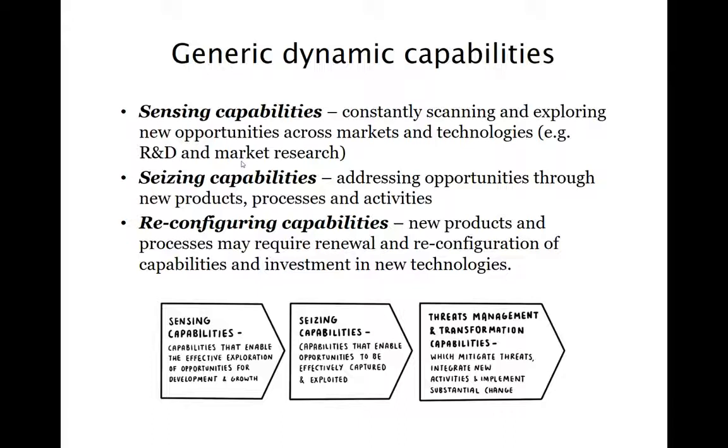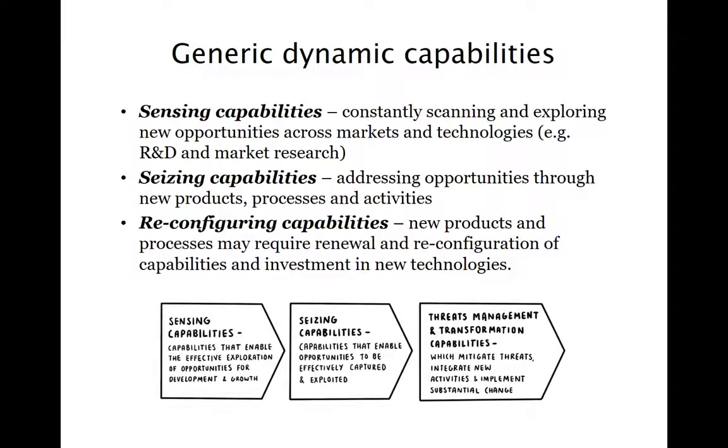And recent studies, Teece 2009, 2007, use this type of division of dimensions of dynamic capabilities. So it's a process with three main dimensions: sensing, seizing, and reconfiguring.